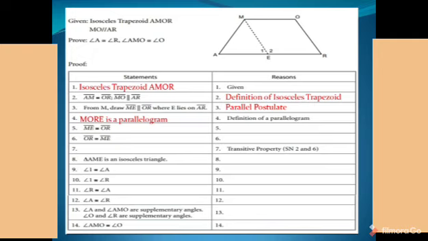From there, segment MA is congruent to segment OR, that is the parallelogram property. And aside from that, segment OR is congruent to segment ME. That is the symmetric property. Now, the reason is transitive property, from statements 2 and 6, that would give you that segment AM is congruent to segment ME.